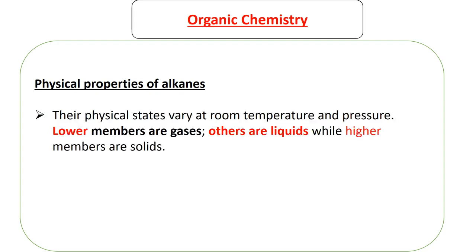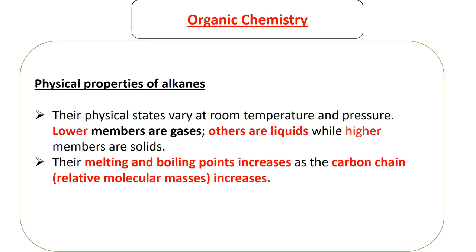So in short, their physical states vary at room temperature and pressure. Lower members, those with a small number of carbon atoms such as methane and ethane, are gases. Then as the number of carbon atoms keeps on increasing, they become liquids. And as you go higher, they become solids.